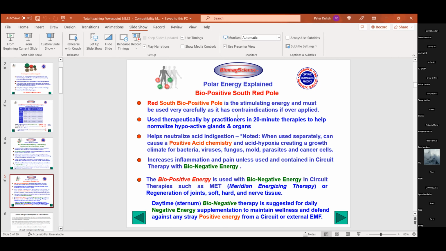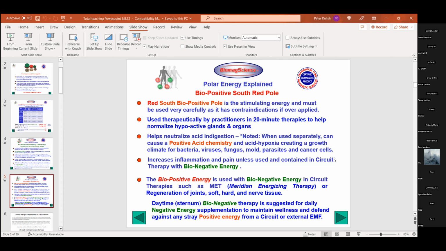What's nice about biomagnetism is that you can just use the negative side. And even if it is hypoactive or hyperactive, it will help it normalize. It'll help normalize the energy levels of the cells and thereby help reach wellness.